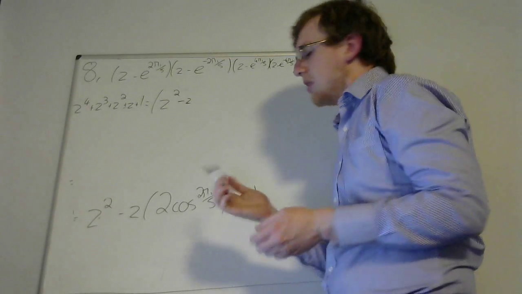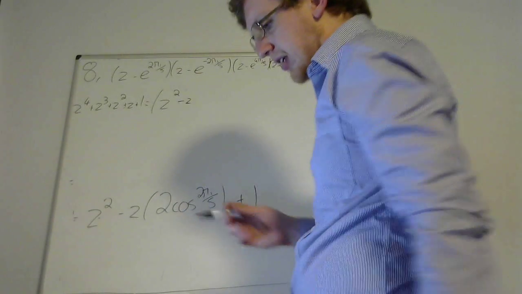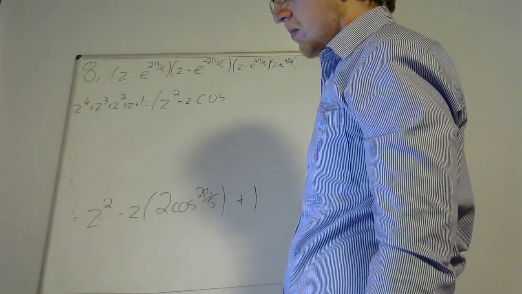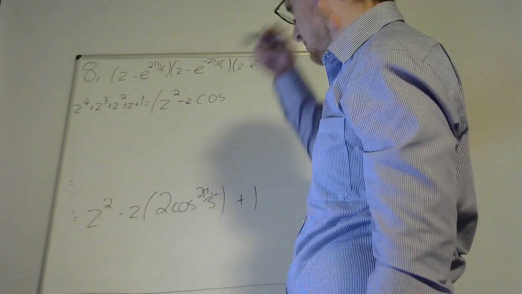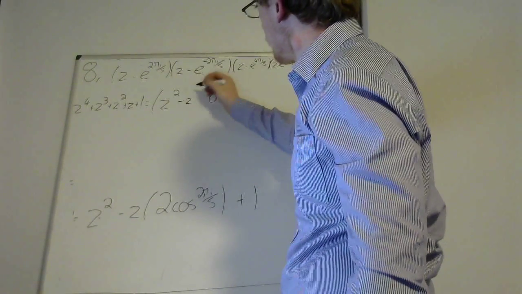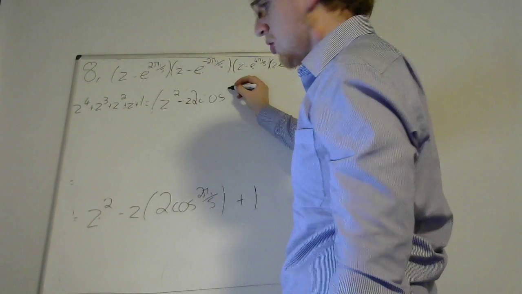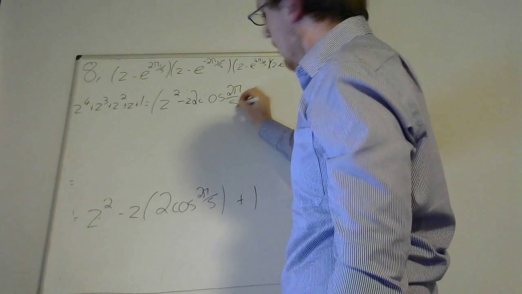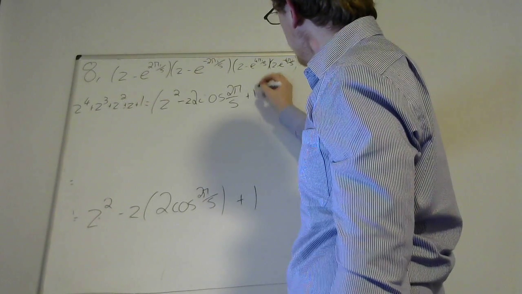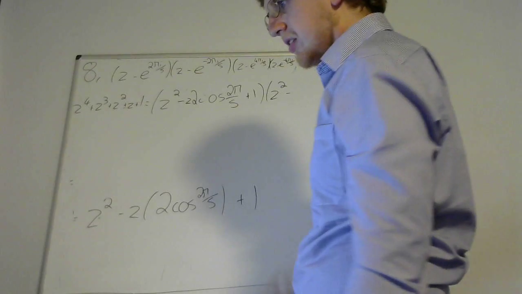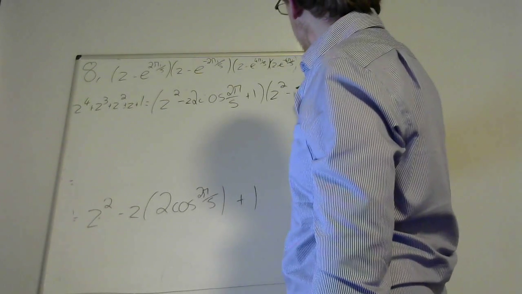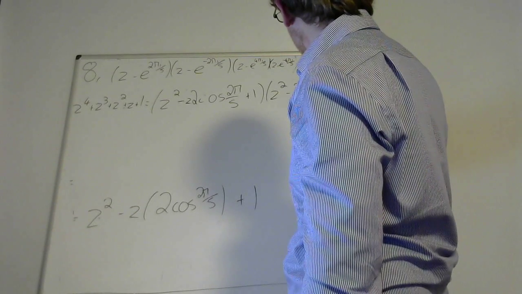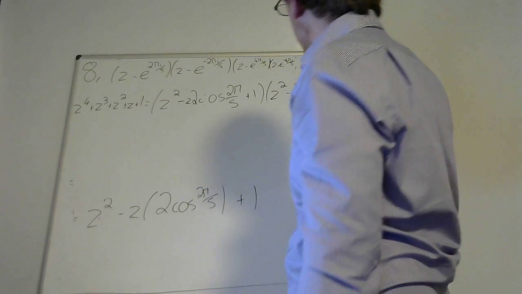I'll write down what this is anyway. So z squared minus z times 2 cos 2 pi on 5 plus 1, multiplied by z squared minus 2z cos 4 pi on 5 plus 1.